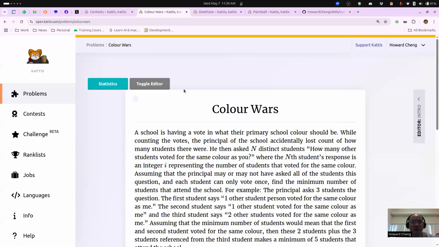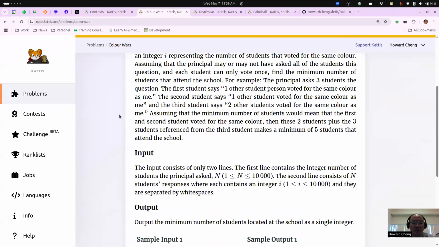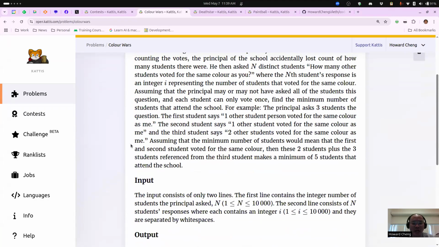Okay, the next problem is called Colors War. So basically, they say that they asked a bunch of people, up to 10,000 people, and each person will say that in that person's group, there are 30 other people or whatever number of other people.